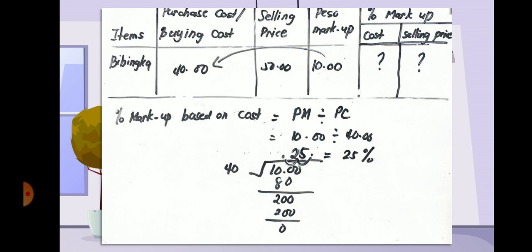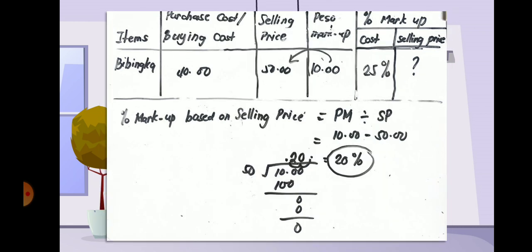You move the decimal 2 places to the right, and then you put the percentage sign. Okay, next. How about the markup percentage based on selling price? Divide the peso markup by the selling price. 10 pesos divided by 50. You put the decimal point first, then 100 divided by 50 is 2. 2 times 50 is 100. 100 minus 100 is 0, so you bring down the 0. 0 divided by 50 is 0. 0 times 50 is 0. 0 minus 0 is 0.